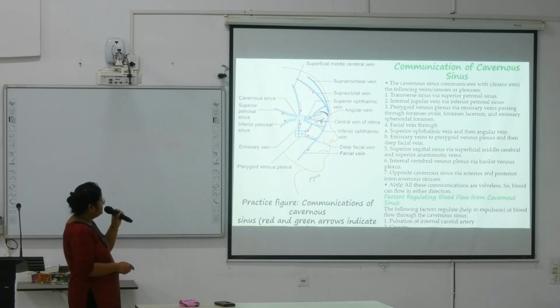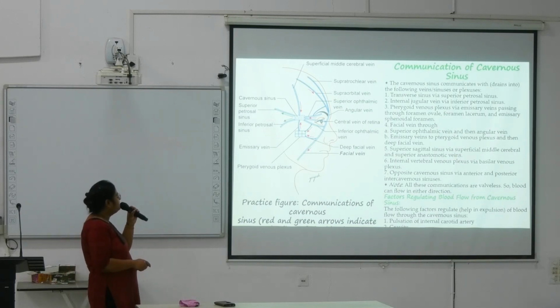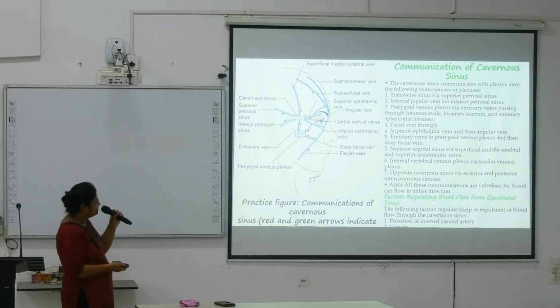Next, the superior sagittal sinus. See here, the superior sagittal sinus is connected by the superficial middle cerebral vein and the superior anastomotic vein. And the internal vertebral venous plexus via the basilar venous plexus, and the opposite cavernous sinus via the anterior and posterior intercavernous sinuses. So all these communications are valveless, so blood can flow in either direction, into the cavernous sinus or out of it.